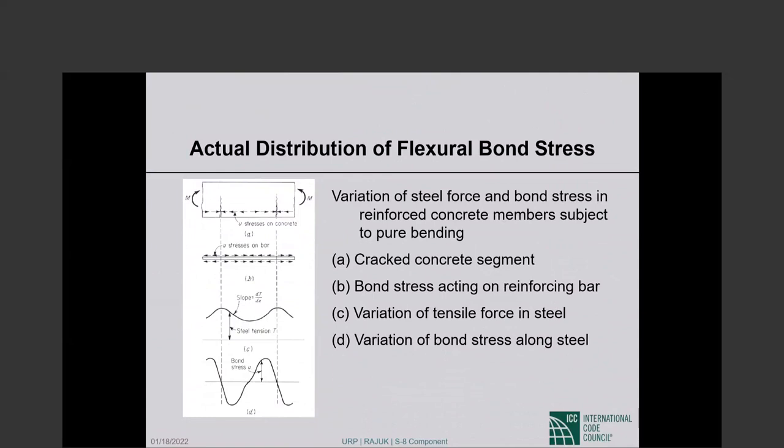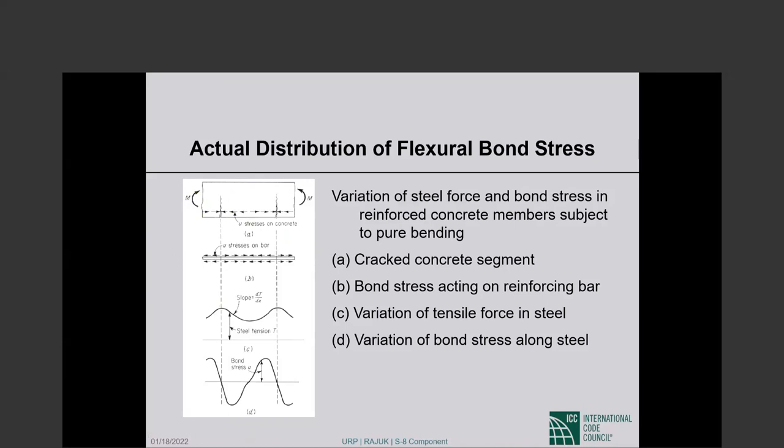Now, variation of steel force and bond stress in reinforced concrete members subject to pure bending. That's what we are looking at in this picture. The first picture shows you a cracked concrete segment. So it's a segment of the beam where we have two flexural cracks, and the bond stresses are shown.